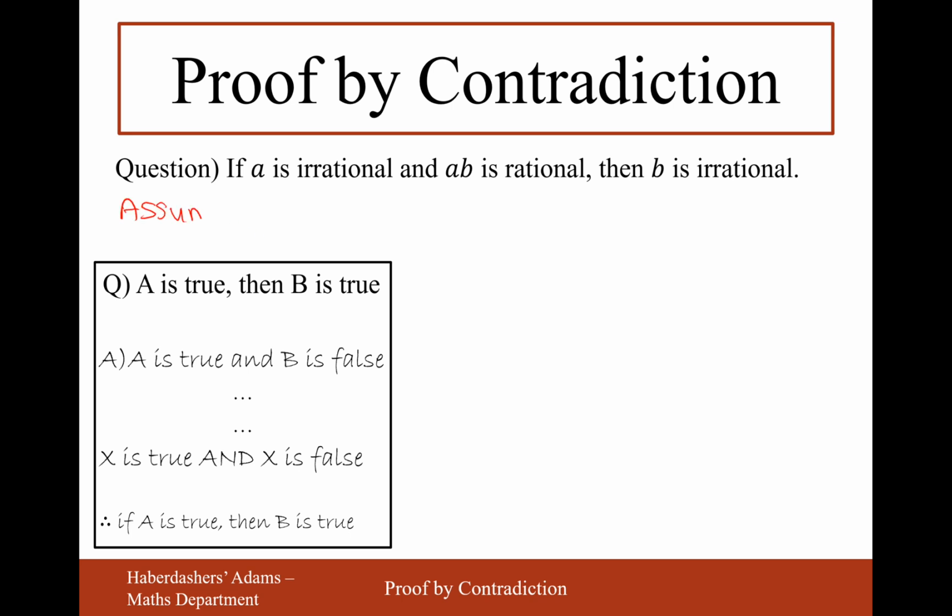So we keep the first part the same. Assume A is irrational. AB is rational. And as soon as we get to the then word, we negate everything past here, and B is rational.